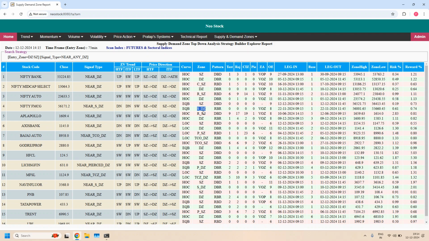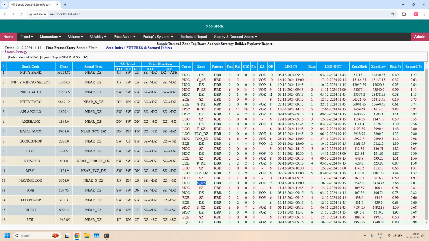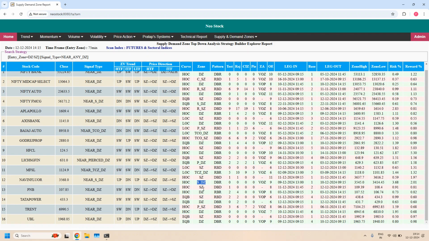NIFTY FMCG is not listed in F&O, you can leave it. Navin Fluorine is having a high liquidity demand zone. That's it. We have only one high liquidity 75 minutes demand zone from this list.